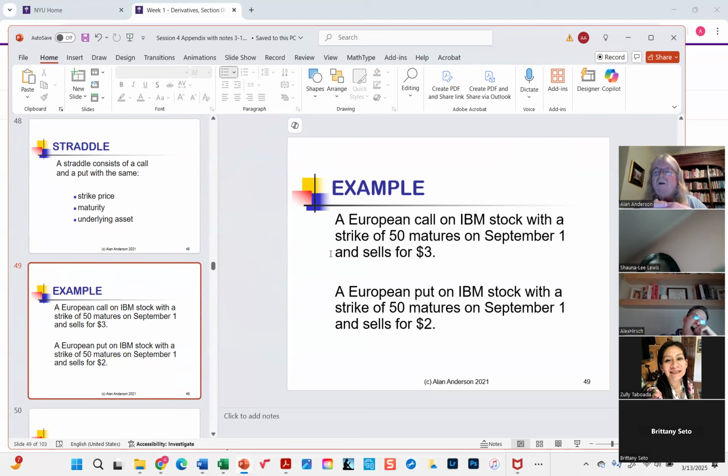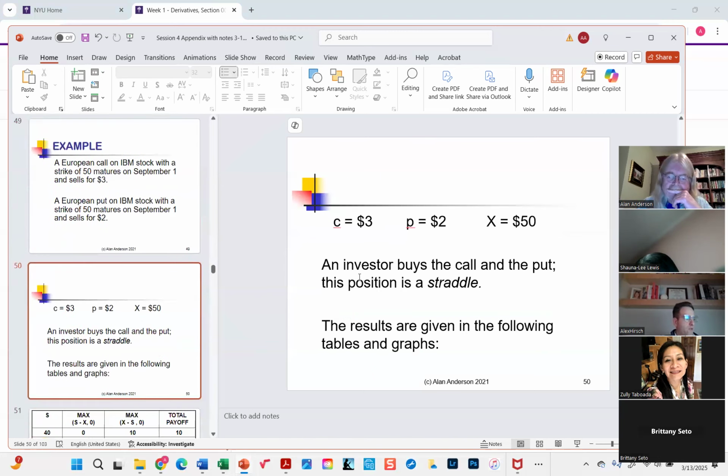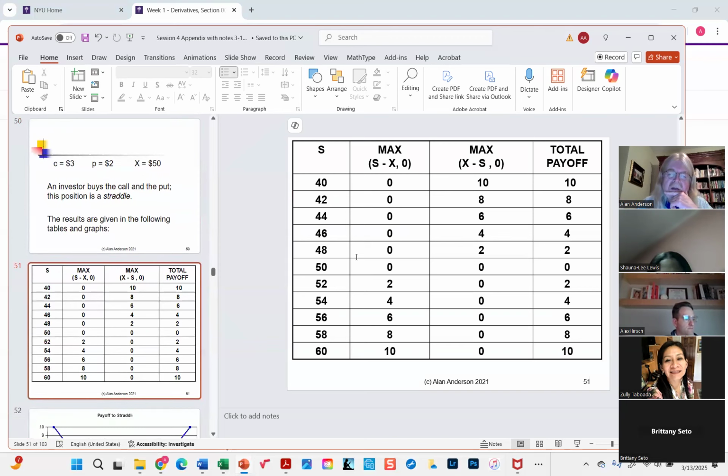Now, this position, I'll mention right up front, unlike the others we've seen where we're buying one and selling the other, this one is going to be very expensive because we're buying two different options. So keep that in mind when you see the results. So first, here's the table showing just the payoffs. Remember, we own a put and a call, both with a strike of 50.